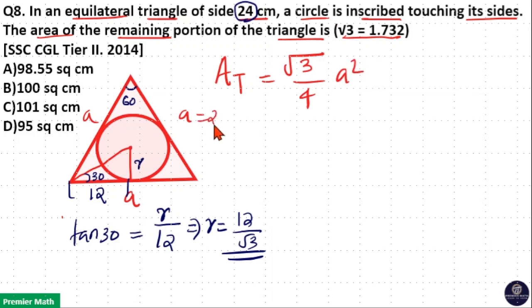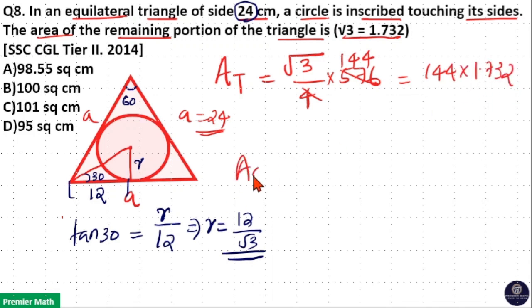Here a is 24 centimeters, which means a square is 576. 576 divided by 4 is 144, so the area is 144 into root 3, which is 144 into 1.732.